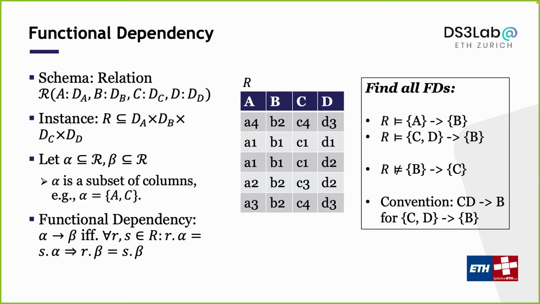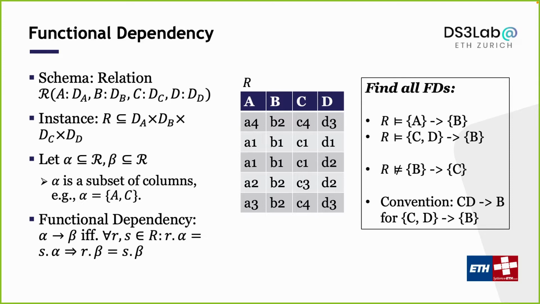Now let's look at the third one. In this relation instance, do I have B decides C? Again, you enumerate all the pairs. But when you get to the fourth tuple and the fifth tuple, you start to see a problem. In this case, all the B values are B2. If you look at the C value, one is C3, another is C4.